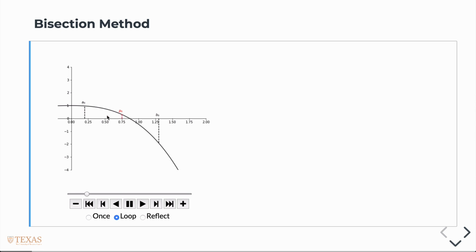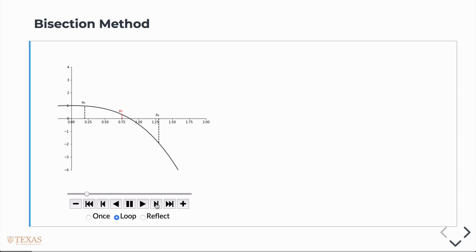So in this case, those two are positive, whereas if we evaluate the function at B0, that's negative. And therefore, we know that A and P are on the same side of the root, and that's the opposite side of B. So what we're going to do is accept P as our new A and continue the process.